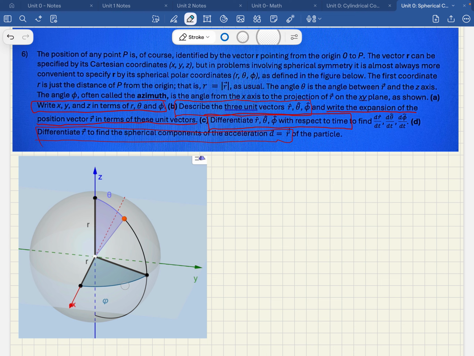First question says, write x, y, and z in terms of r, theta, and phi. Okay, so let me redraw some of what I just erased. We're going to drop straight down from our point to this line that's in the xy plane. And so this point down here is going to have coordinates x comma y. And I can imagine drawing a triangle here where this is a right triangle.